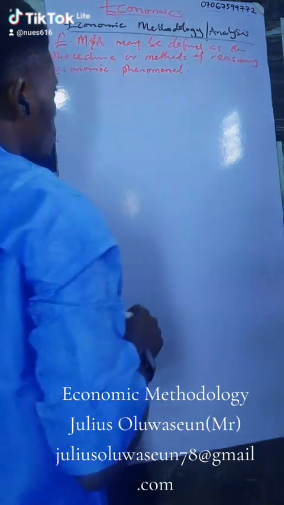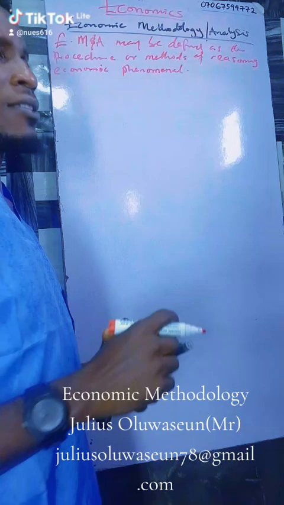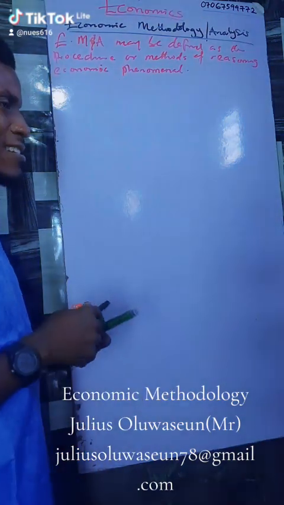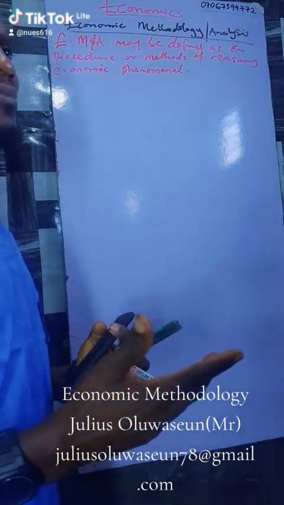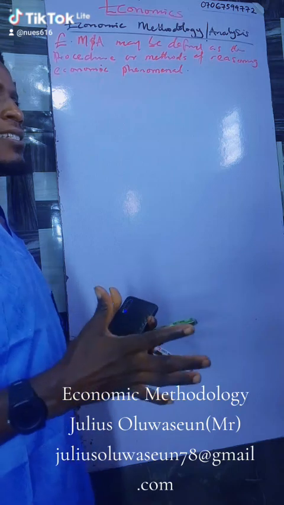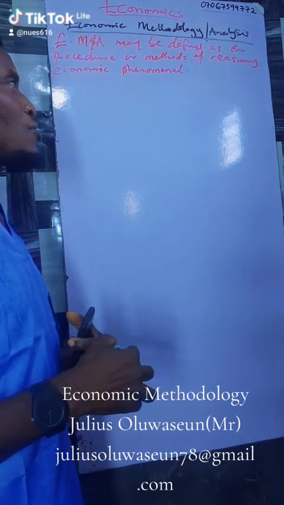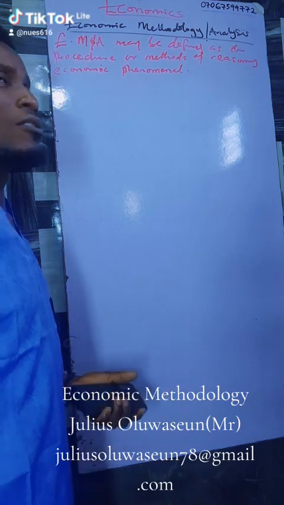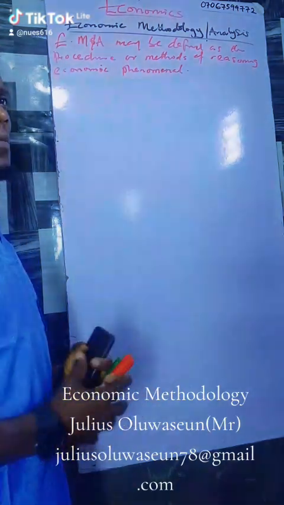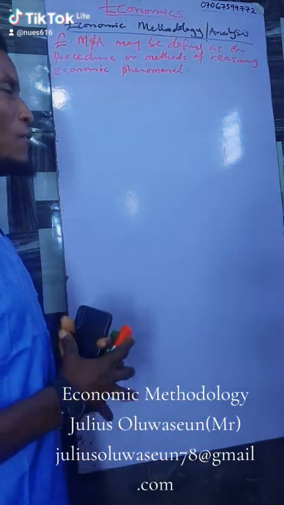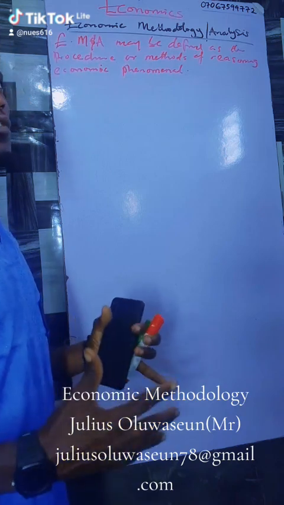Okay, so that is economics methodology or analysis. The way we reason, the way we position economic sentences in economics is called economics methodology or analysis. And economics methodology has to follow the procedure of science.